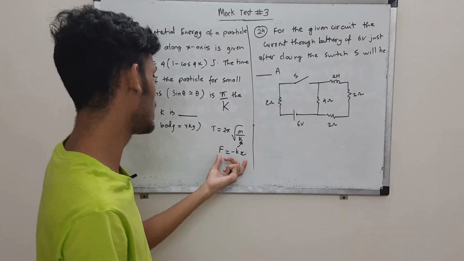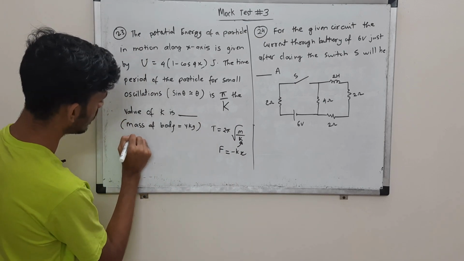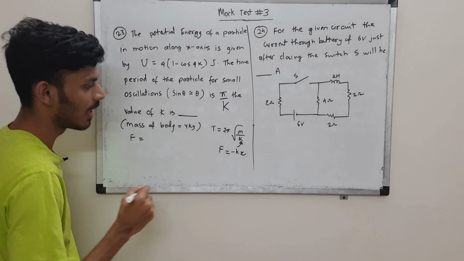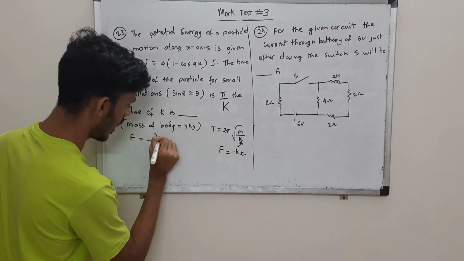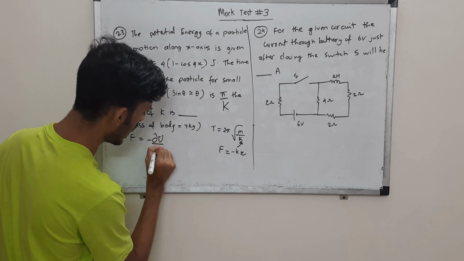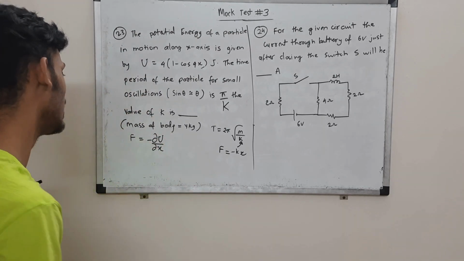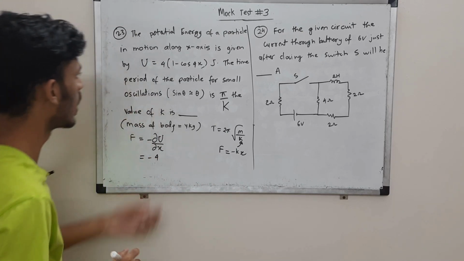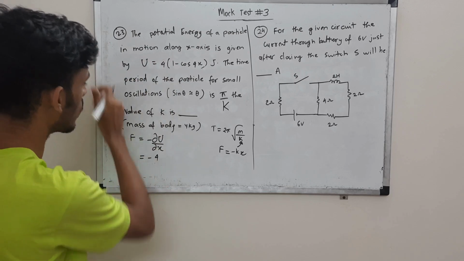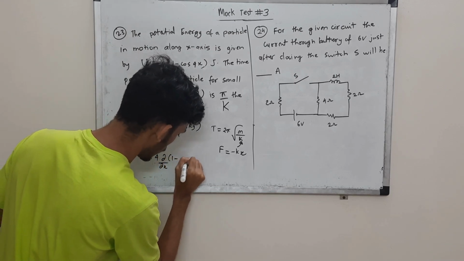So first of all the question is how to get the force. We are given the potential energy and the answer is simple. Force is nothing but the gradient of potential energy, or the derivative we can say at your level. So minus del u by del x, and this will be along i cap, but let's only consider the magnitude. So minus 4, I'm taking the derivative of this, 4 is constant, I'm taking it out, del by del x of 1 minus cos 4x.